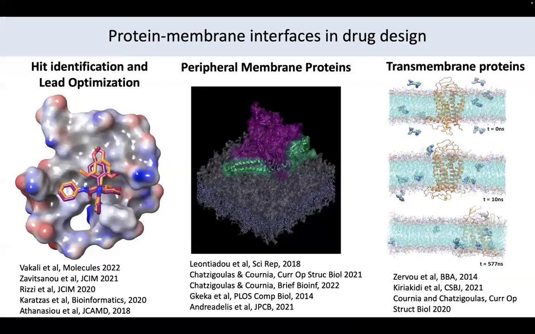Our lab focuses on protein-membrane interfaces in drug design. We study hit identification and lead optimization, peripheral membrane proteins, how they interact with the membrane, and whether these could also be potential drug targets, but also transmembrane proteins. Here you can see a summary of our publications for these topics.